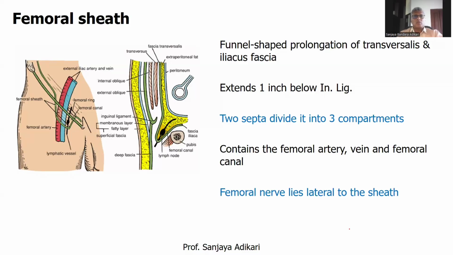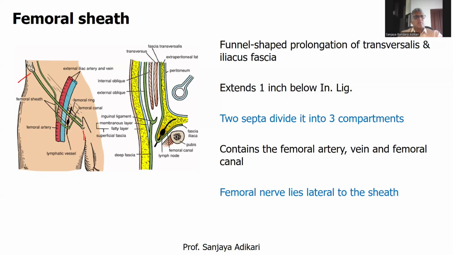A few things about the femoral sheath. You have the inguinal ligament attached between the anterior superior iliac spine and the pubic tubercle on either side. The femoral sheath passes deep to the inguinal ligament.